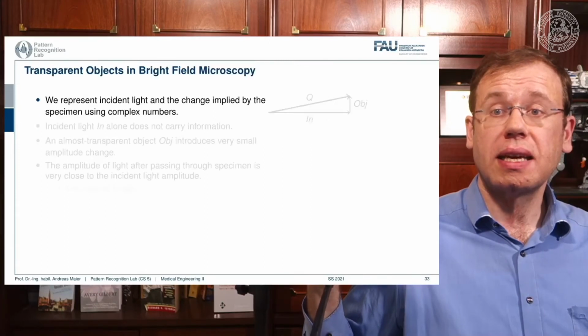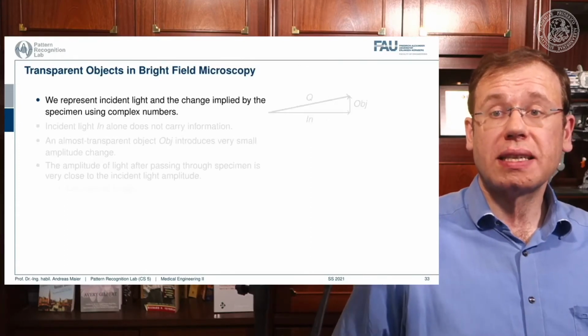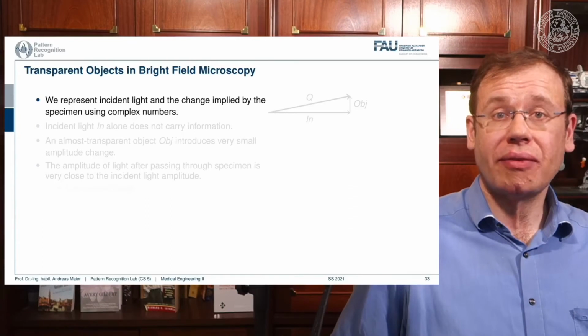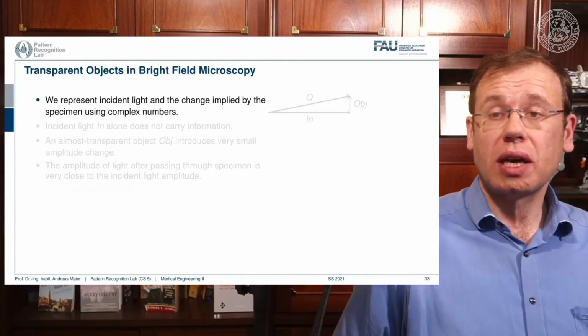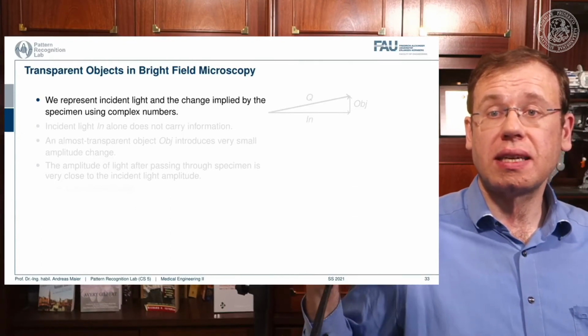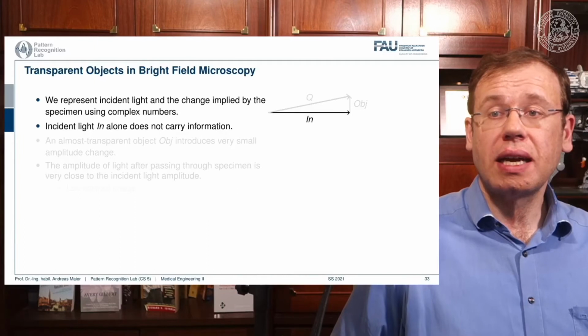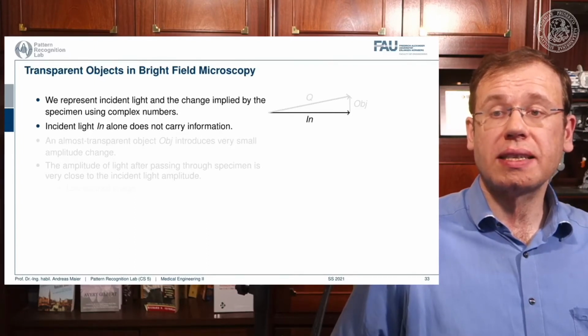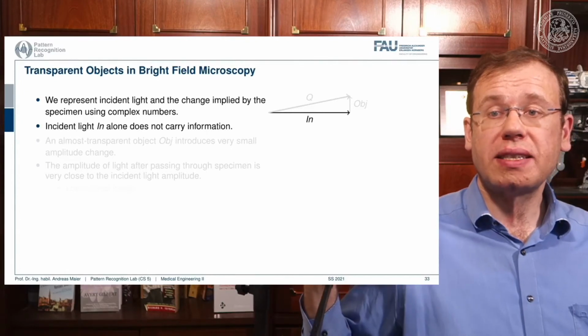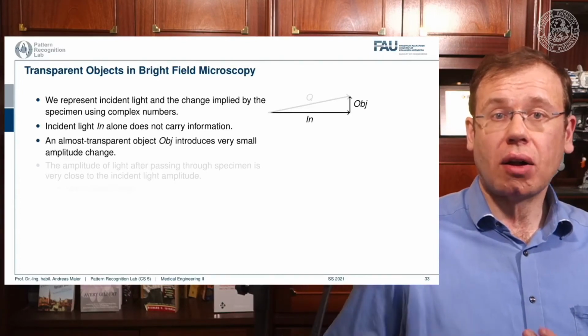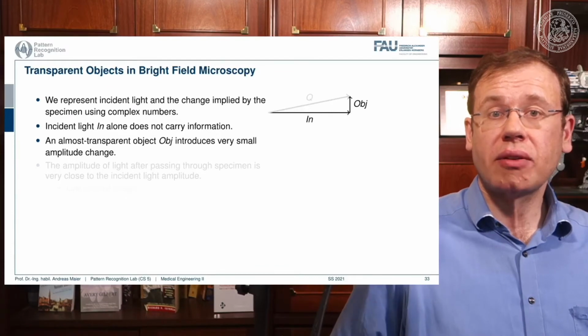We now represent the light and the phase as a two-dimensional vector, and you can see here that we describe it using complex numbers, and we have the incident light here, and it doesn't carry any information. And as soon as it goes through the object, we see that it is altered in a way that the phase is shifted.